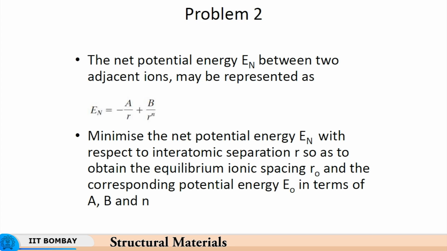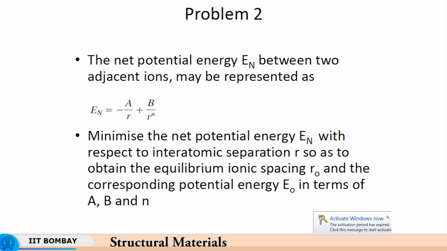And the differential of this with respect to R turns out to be the force, the interatomic force acting on the atom. So what it means is that when the force acting becomes 0, the atom is stable, is located at a stable location with respect to another atom.